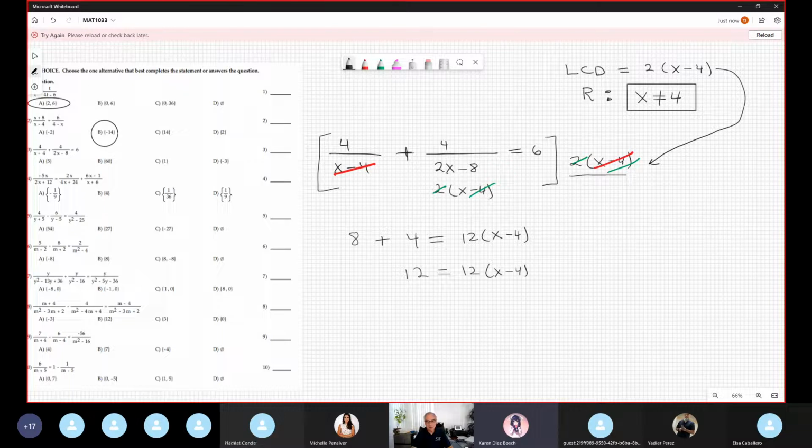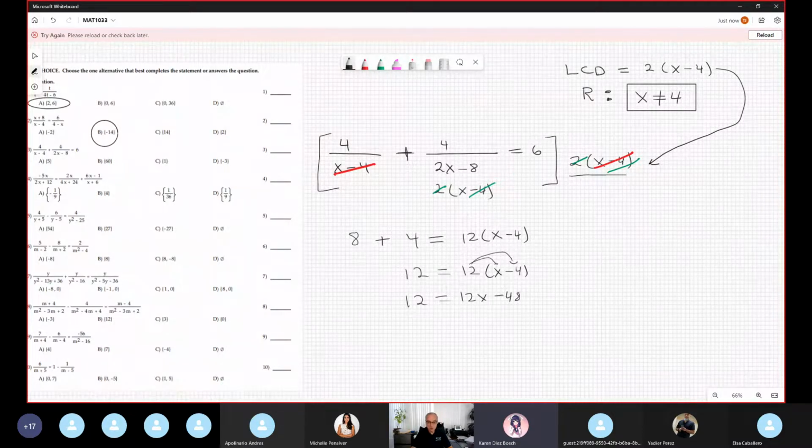Now, what should I do? Well, you can divide by 12 if you want. Distribute it either way. Let's do it distributed. 12 is equal to 12x minus 48, no? Minus 48.